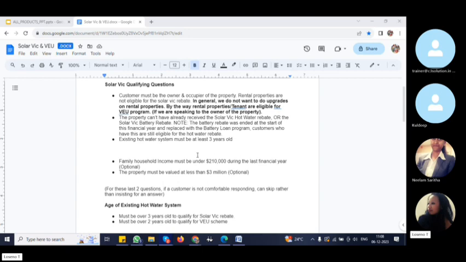If the customer has a gas hot water or storage tank and they have a booster, forget about what type of booster it is, do you think the customer is eligible? According to me, ma'am, yes, he is eligible.